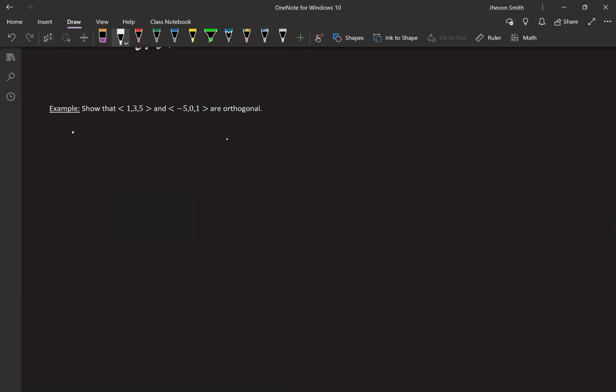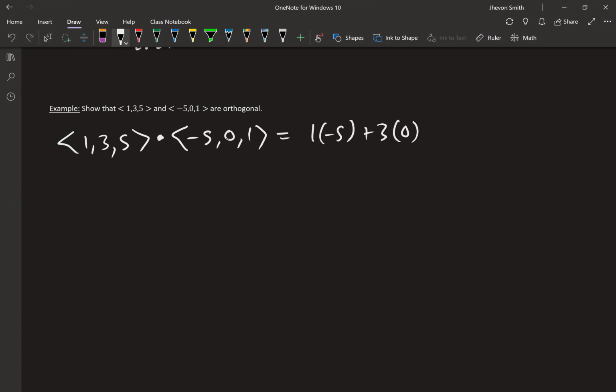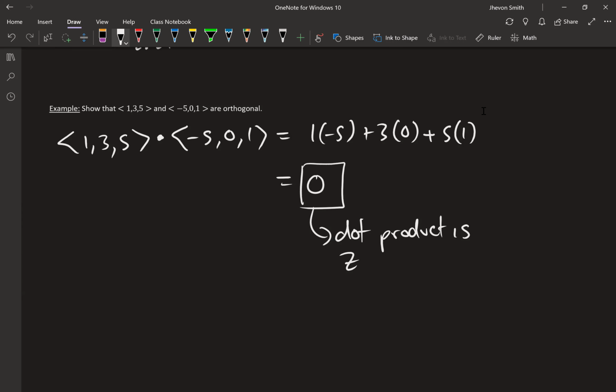So notice that if I take 1, 3, 5 dotted with -5, 0, 1, this is 1 times -5 plus 3 times 0 plus 5 times 1, right, as someone wrote in the chat there. And you'll notice that that gives you 0. So here, the dot product is 0. This means the vectors are orthogonal.